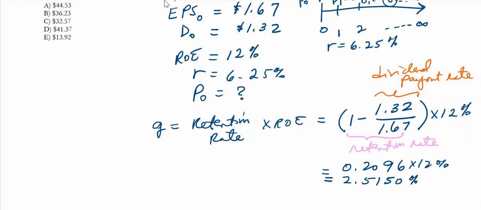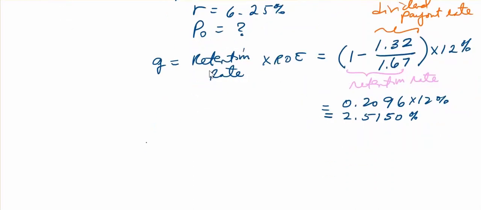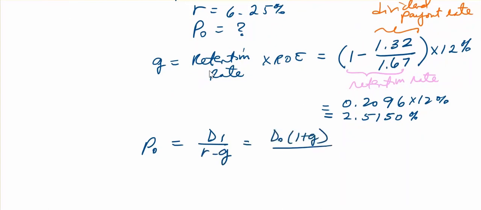And now we have everything we need to find the price. So we're using this formula. Now the year one dividend, by definition, is the year zero dividend times 1 plus the growth rate. We have everything we need for this formula.